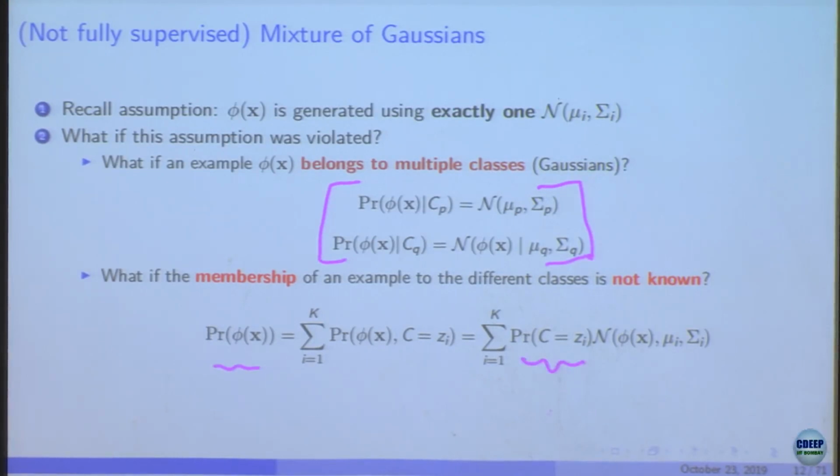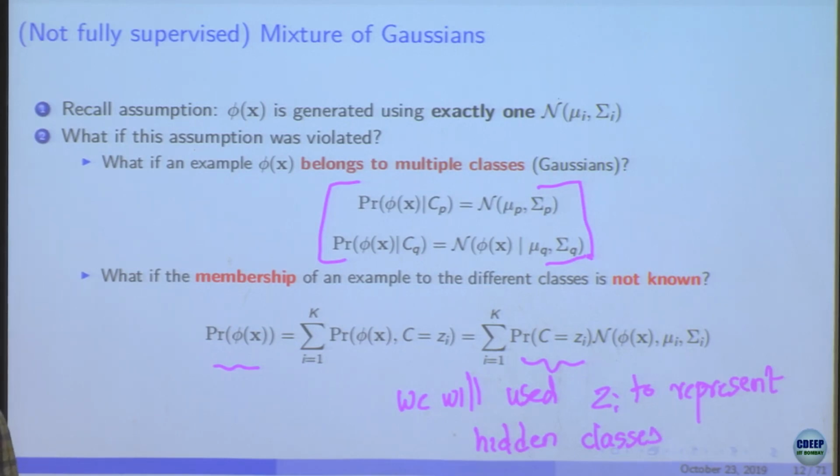Now we'll start using Z instead of C, because C was to mean class, Z means a hidden mixture component, a hidden class. So Z is used as a hidden class, C was used as an observed class, just to distinguish between the two. Okay, so exactly what I had written in the previous slide, and for the next 5 minutes we'll just develop on this.